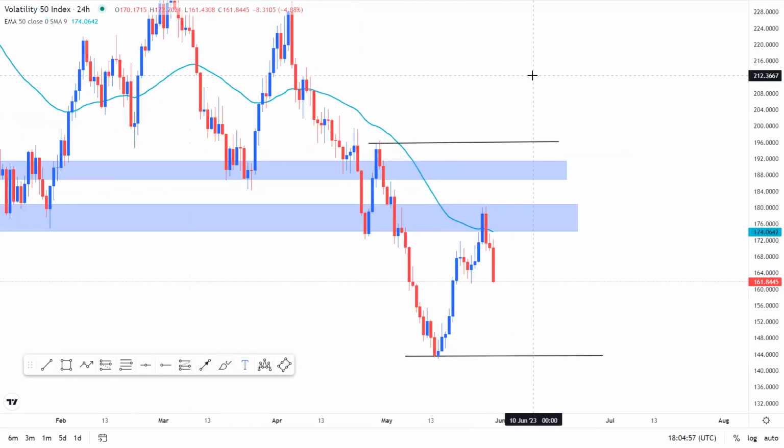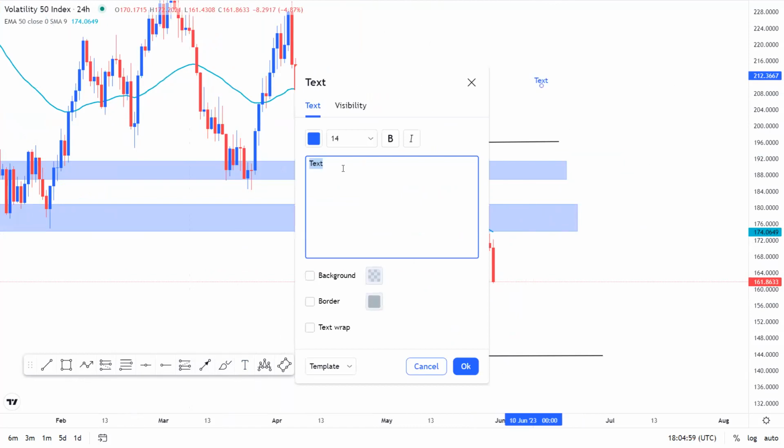And some of these confirmations are reversal chart patterns, the double tops, the head and shoulders pattern. Also, we will be looking for rejection candlesticks, rejection and momentum candlestick closes.